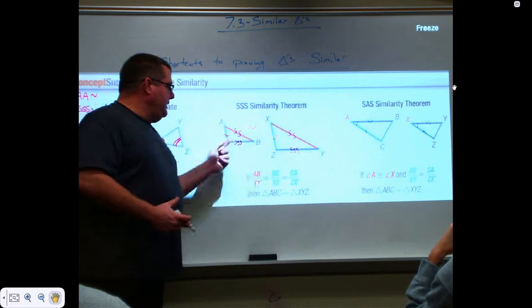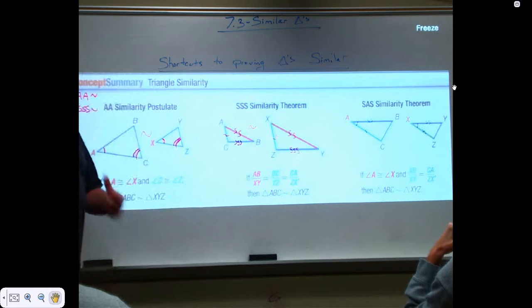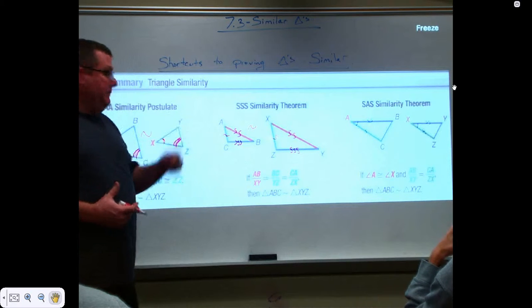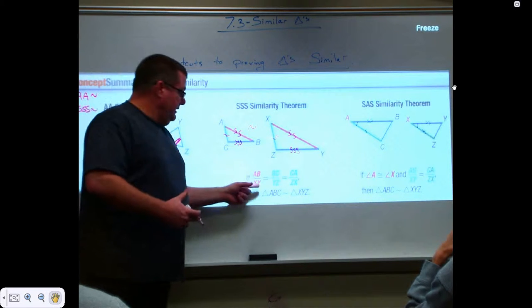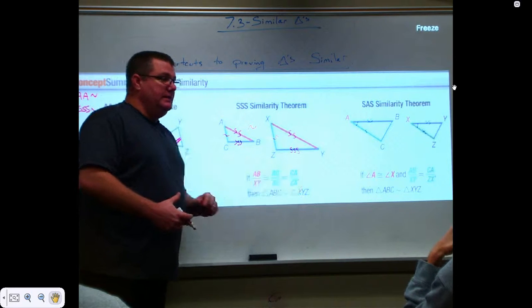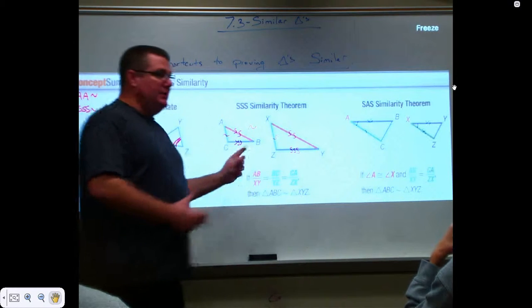If all 3 sets of sides are proportional, what does it mean to be proportional? Their ratios are equal. Means I could set up 3 proportions. This equal to that equal to that, or that equal to that. That's what they're saying here when they say that these are proportional.